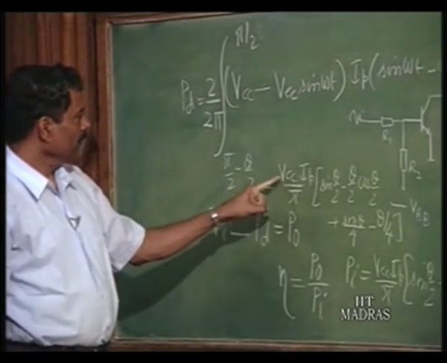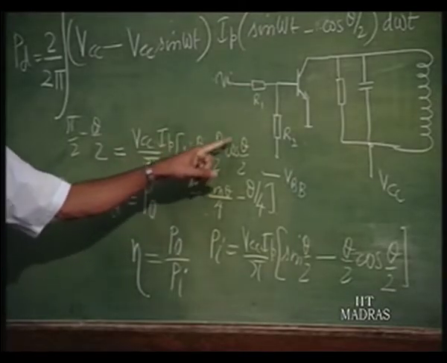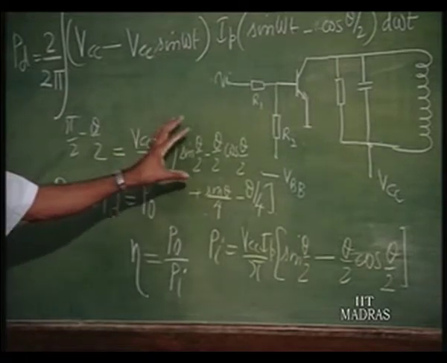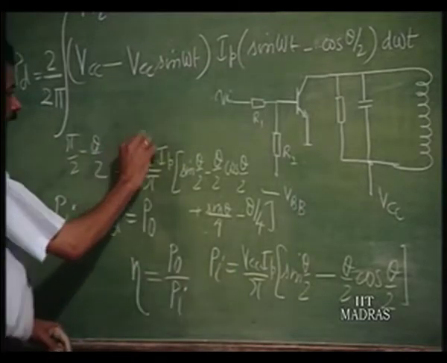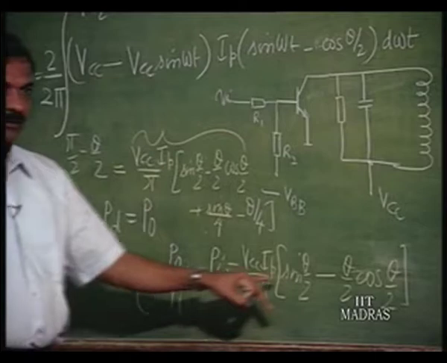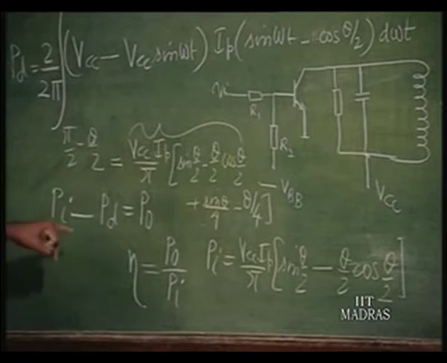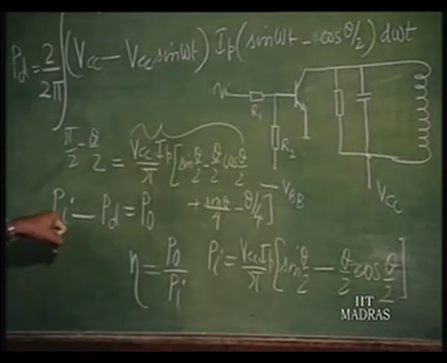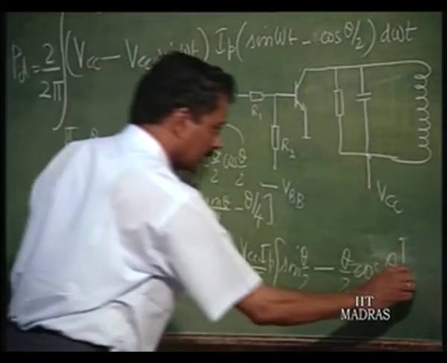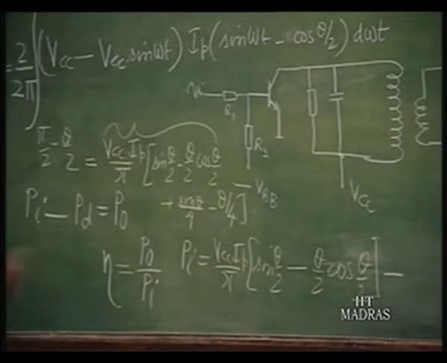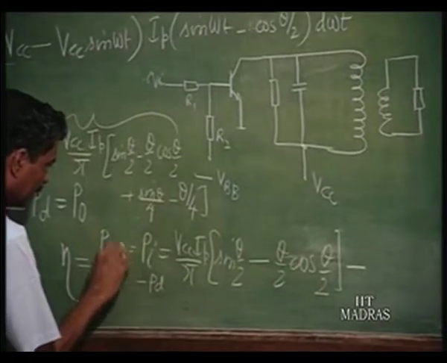You can see this power dissipated has VCC IP by pi sin theta by 2 minus theta by 2 cos theta by 2, which is nothing but the power inputted. So, this portion is nothing but the power inputted. Power dissipated is going to be subtracted from power inputted. So, PI minus PD is P naught.